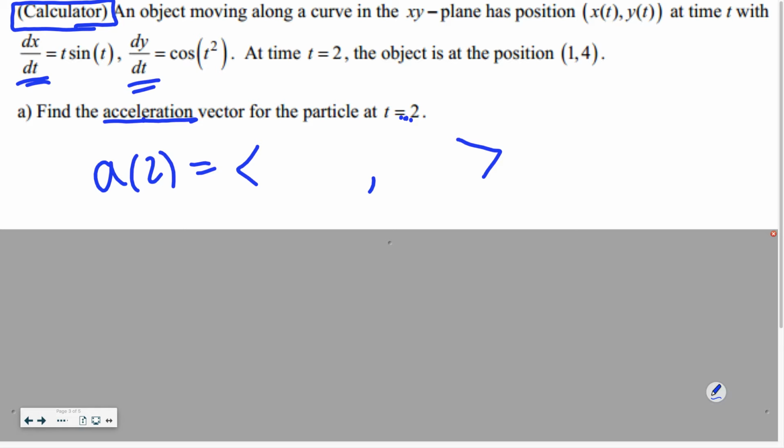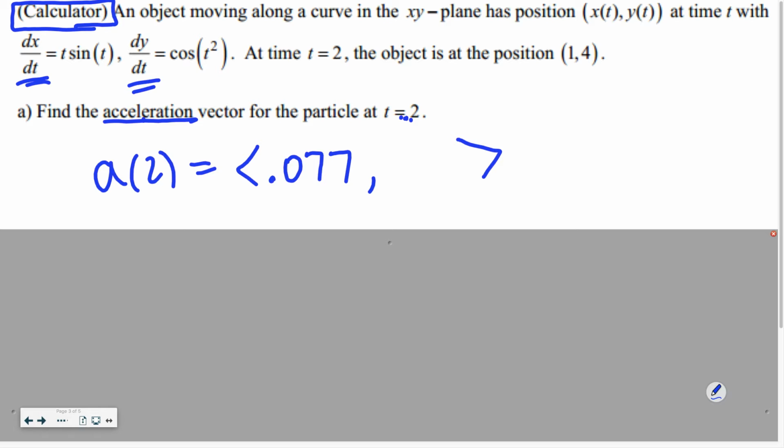Wait, it says t equals 2. I'll plug it in. I got 0.07.